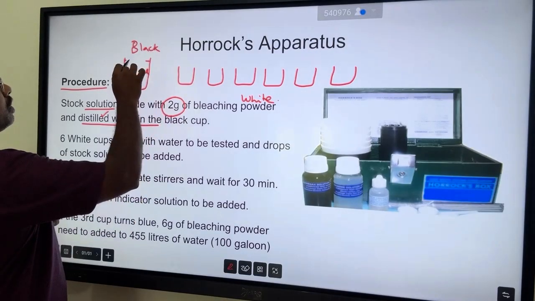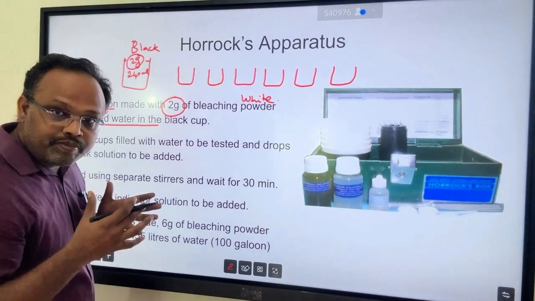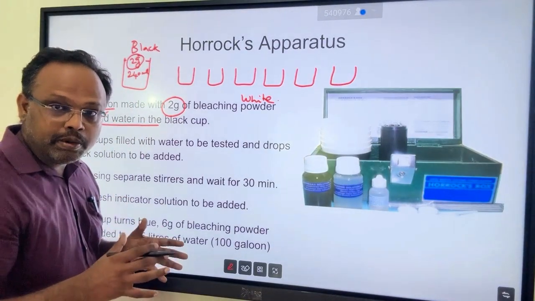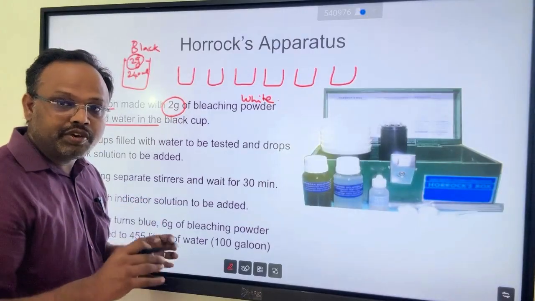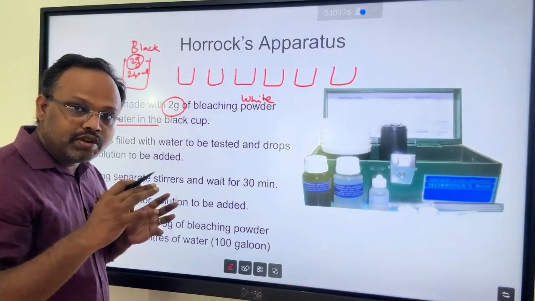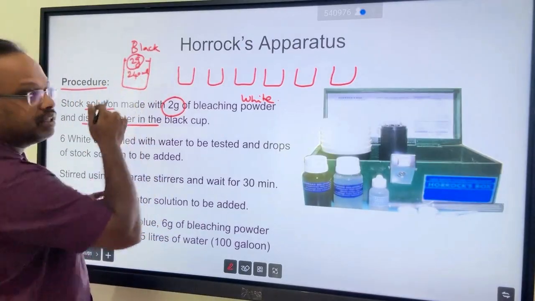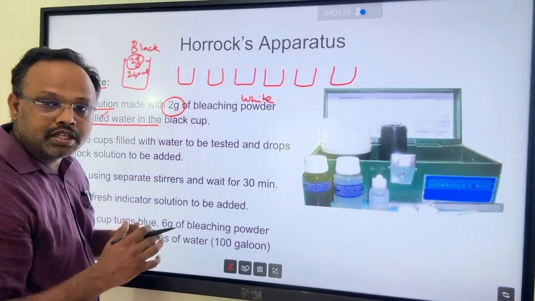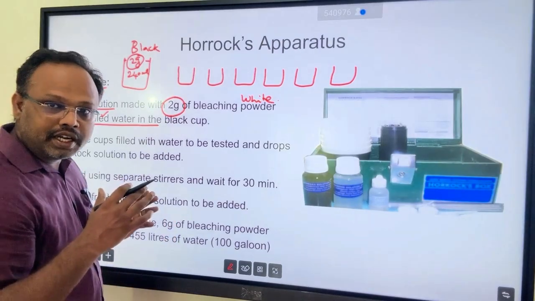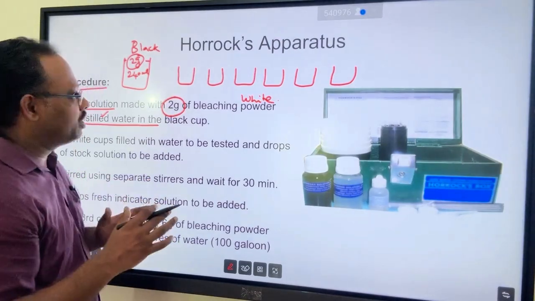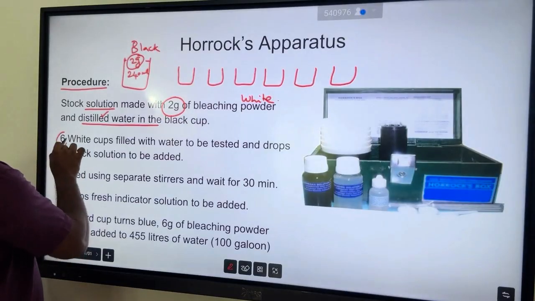We need to use the same bleaching powder which we are going to add in that situation, because different bleaching powders have different chlorine levels.